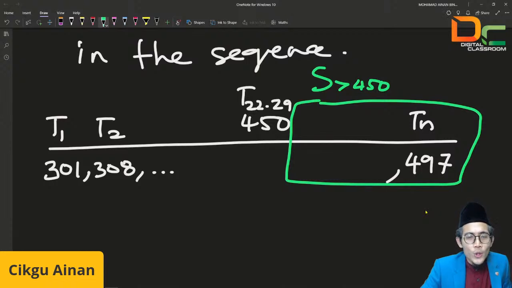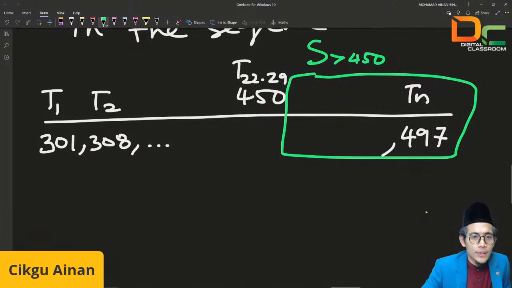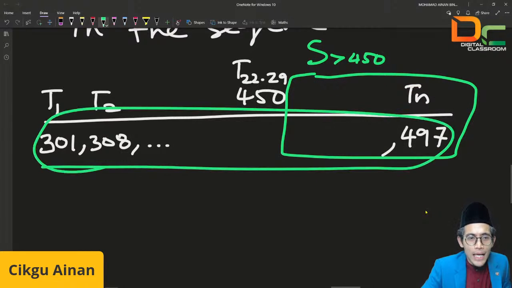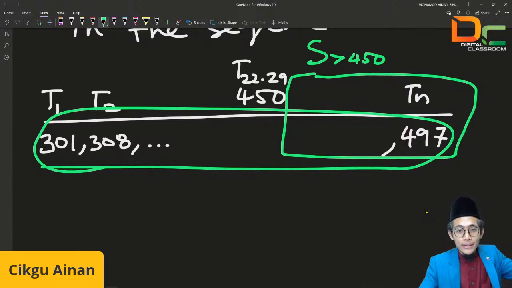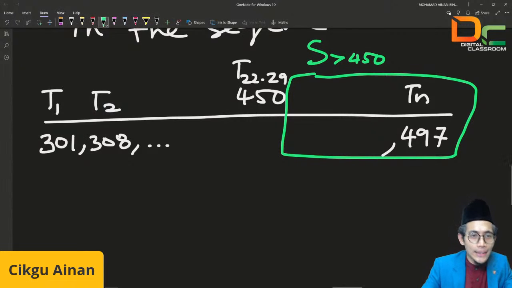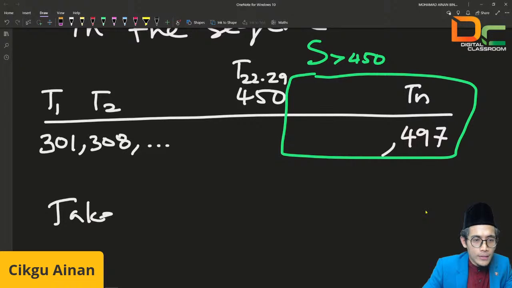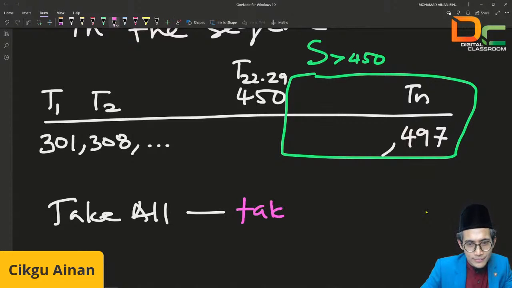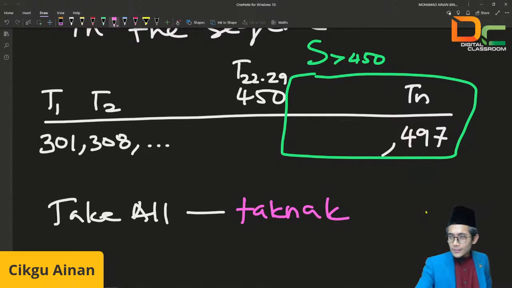Okay, so this is what we want. But the problem is we have everything over here. We can use the same concept tadi. Take all, minus yang tak nak.